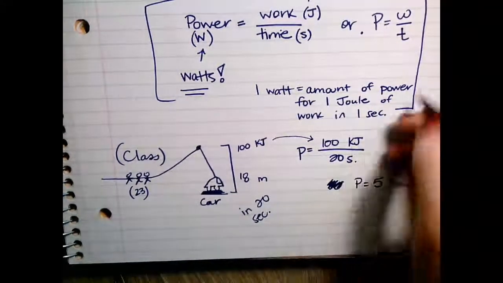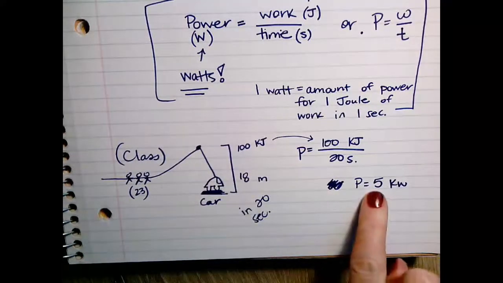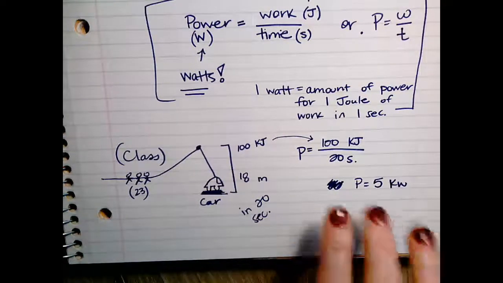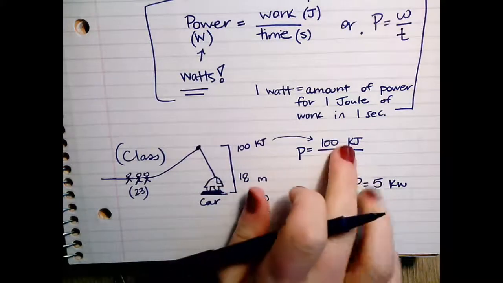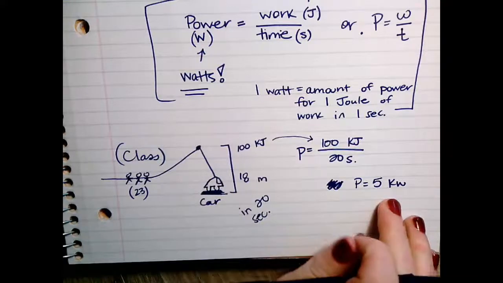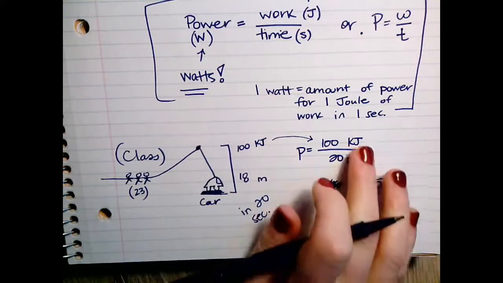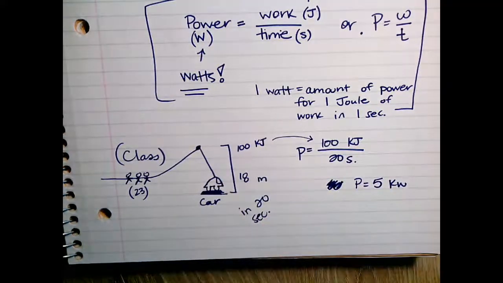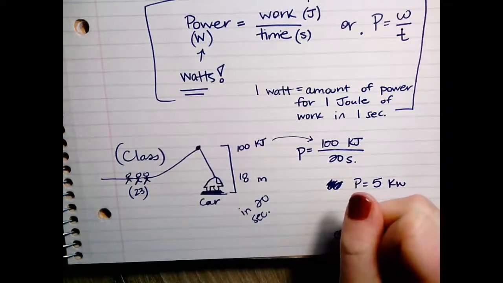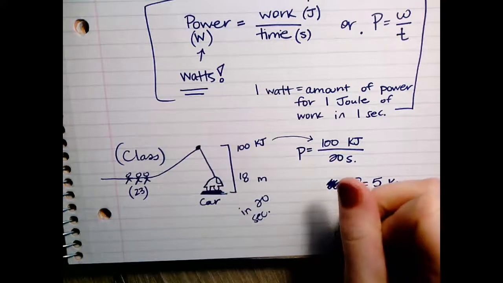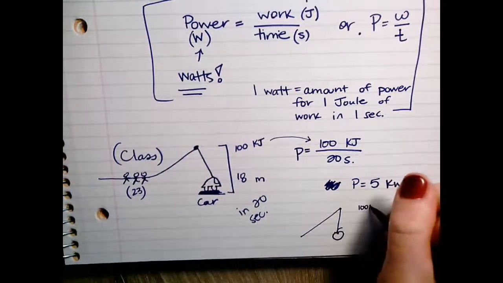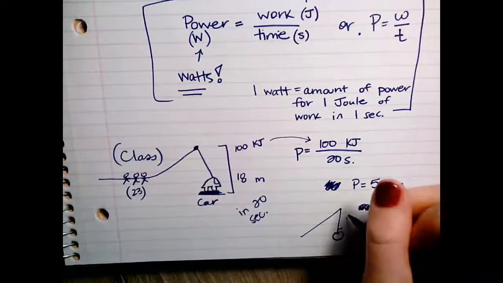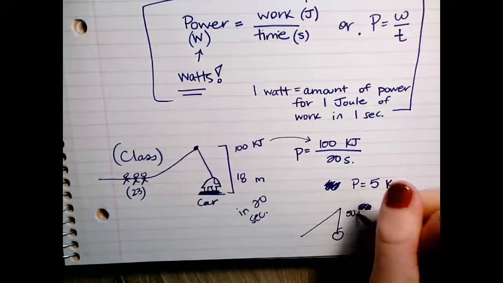Now, if I would have just done 100 joules, it would have been 5 watts. All I did was, because this is so much bigger, I'm using a bigger unit. Typically we would be using joules and watts, but because the car is so heavy, we're going to use kilojoules and kilowatts. Like instead, let's say I was lifting an apple. Let's say it's 50 joules.